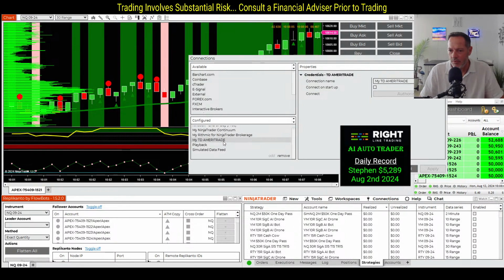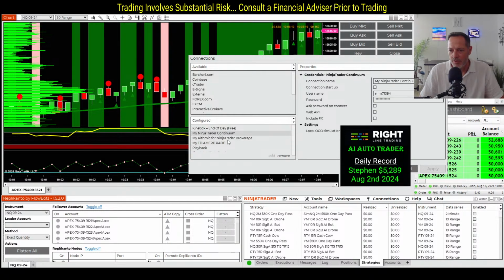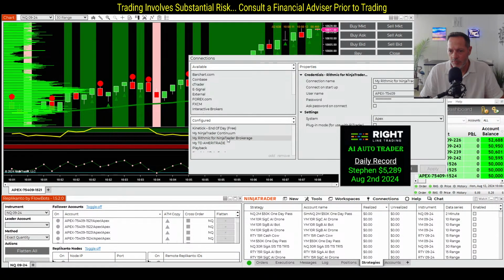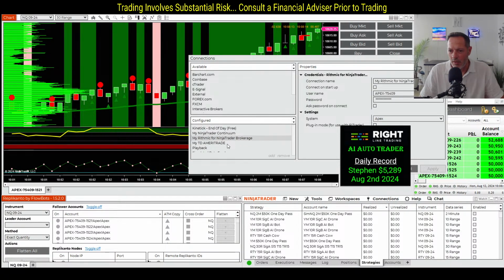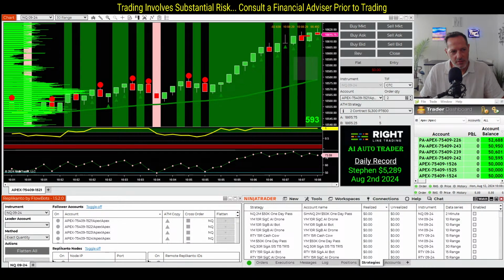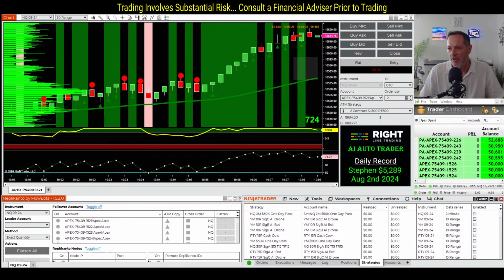I have Ameritrade, NinjaTrader Brokerage, Rhythmic, and I have Interactive Brokers on the other machine apparently. So you want to have different data feeds. They're different brokerages that you'll have your investments in. Those are my different investment accounts.